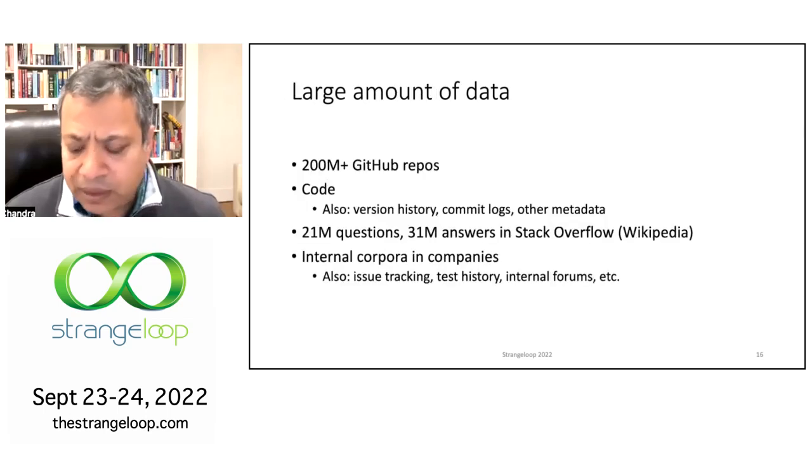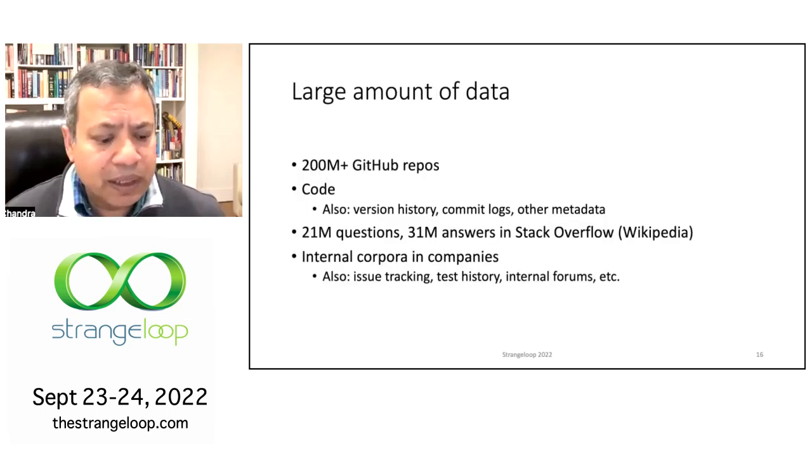So we have seen some properties of code that machine learning models leverage in order to make interesting predictions that are useful for developers. But as with anything ML, we have to ask, where does the data come from? That data in this case is essentially a large number of, say, GitHub repos, also not just code snapshots, but also version history, commit logs, other metadata, and so on.